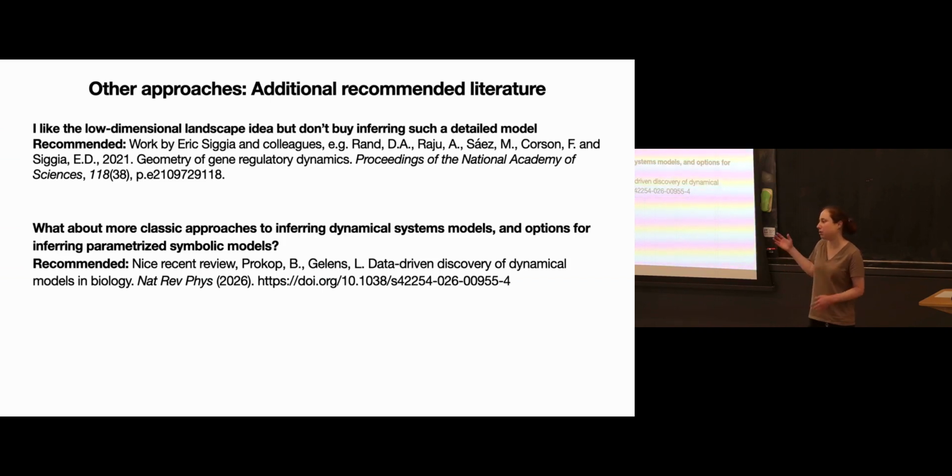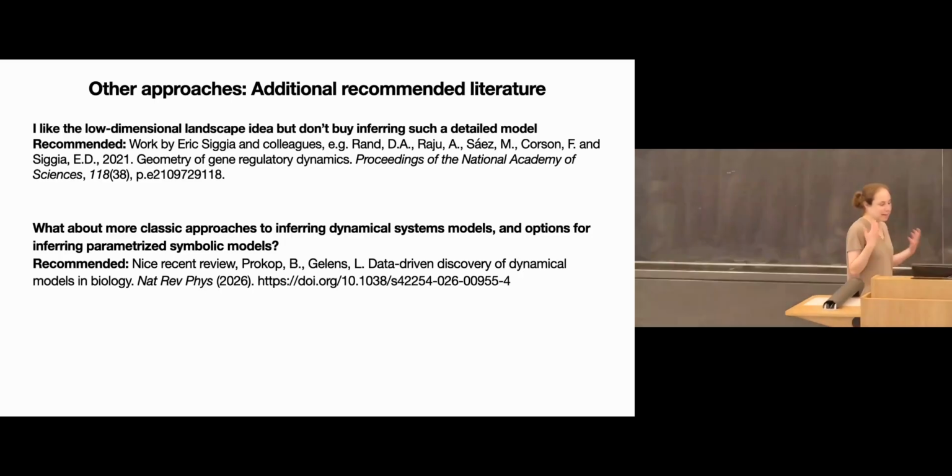It gets to some of these more AI-driven things at the end. Again, I have not read this in detail, but it looked like something potentially useful as a counterpoint.